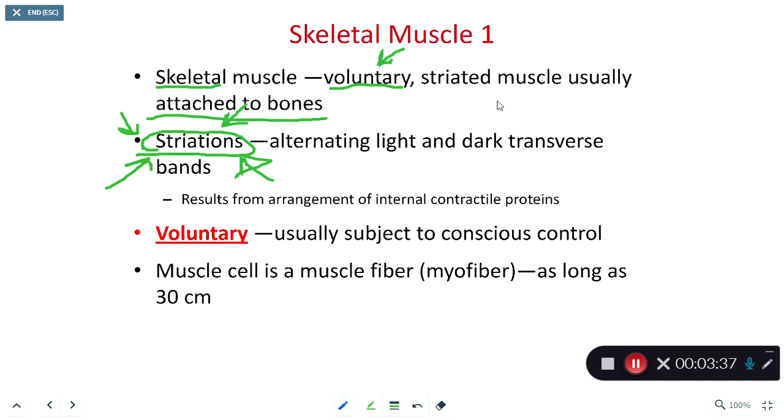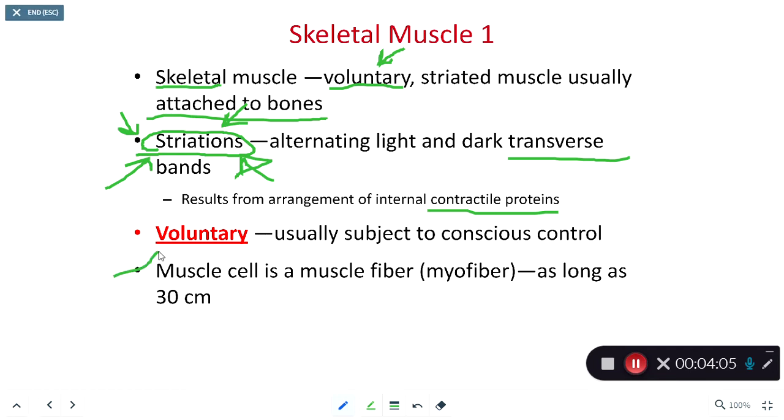When we think of these striations, a good synonym is stripes, or light and dark bands that go across the cell the short way, or the transverse distance. These striations can be thought of as a way to visualize contractile proteins within a muscle. So the more striations you see, the more force that muscle cell or muscle fiber can contract with.